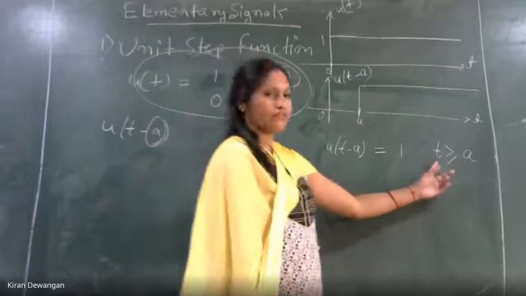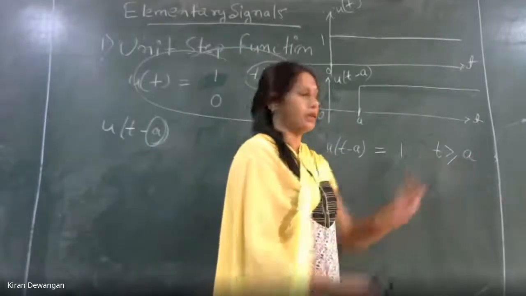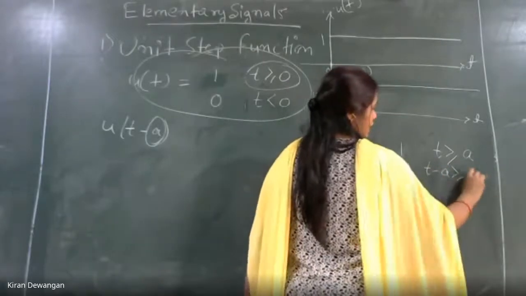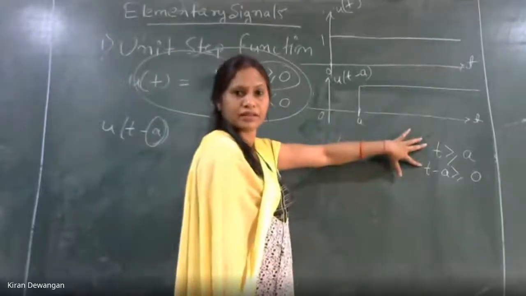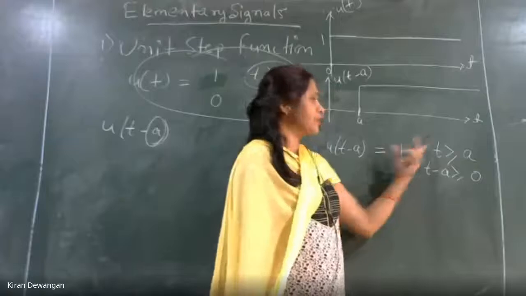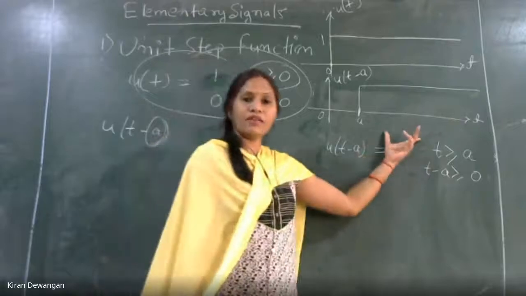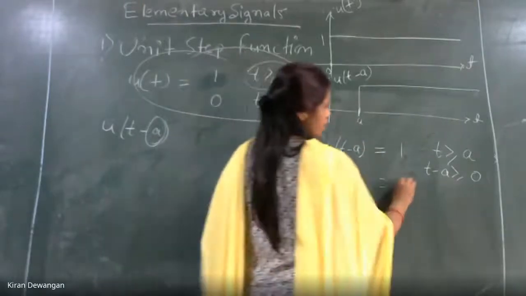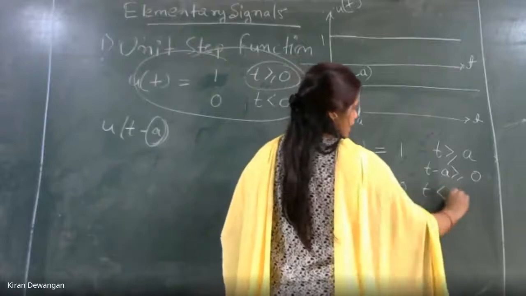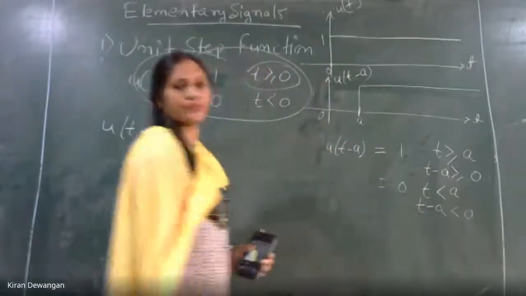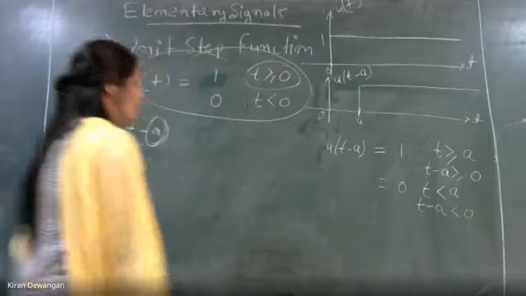For all the values of t greater than or equal to a, or else we can even write t minus a greater than or equal to 0. It is one and the same thing. Correct? These two are the same. t minus a greater than or equal to 0 and t greater than or equal to a. On all these values you will get the value 1, and it is 0 for t less than a, or t minus a less than 0.